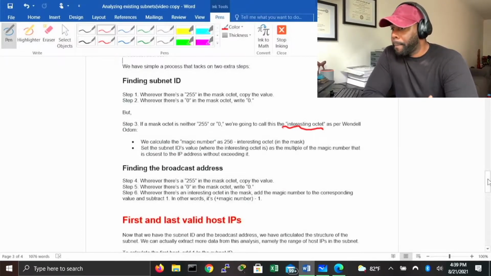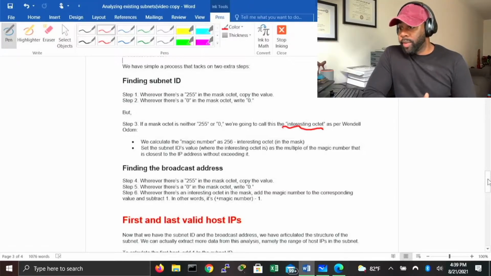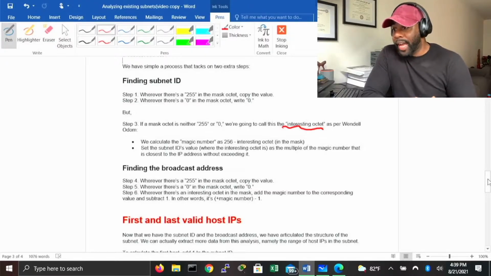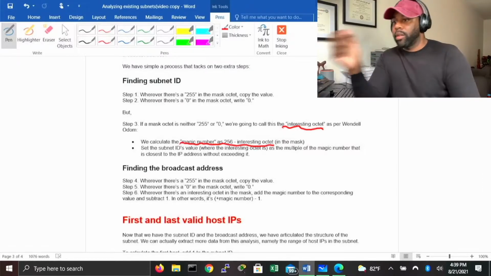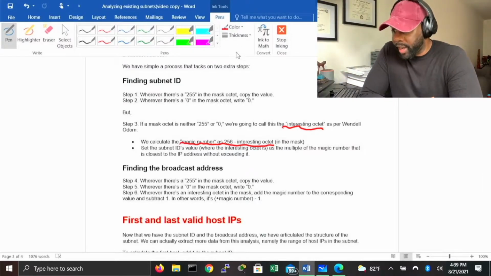So we calculate the magic number, another Wendell Odom term, as 256 minus the interesting octet. Very important point, because it's gonna set us up for finding the subnet ID, and then for finding the broadcast ID.